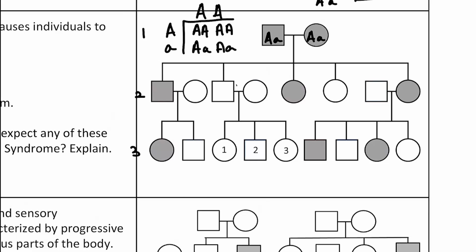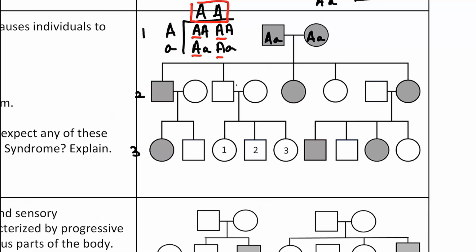So clearly everyone's going to have the disorder. If you have a homozygous dominant individual, there's at least one big A in my Punnett square, so everybody would have the disease. So they should be heterozygotes.